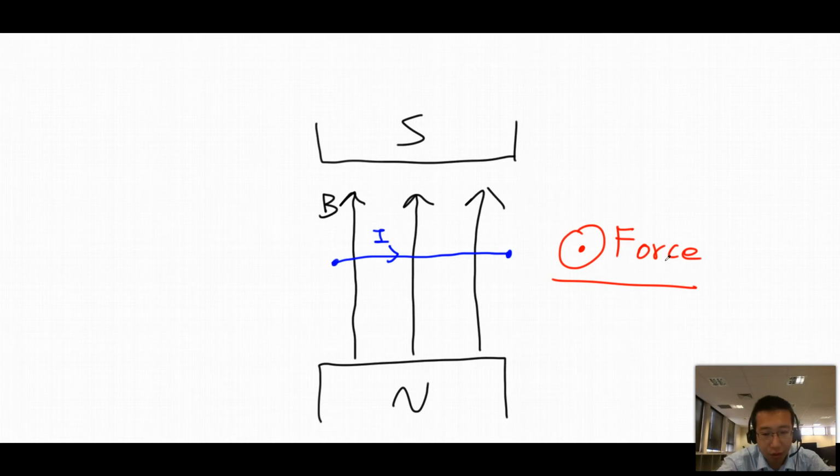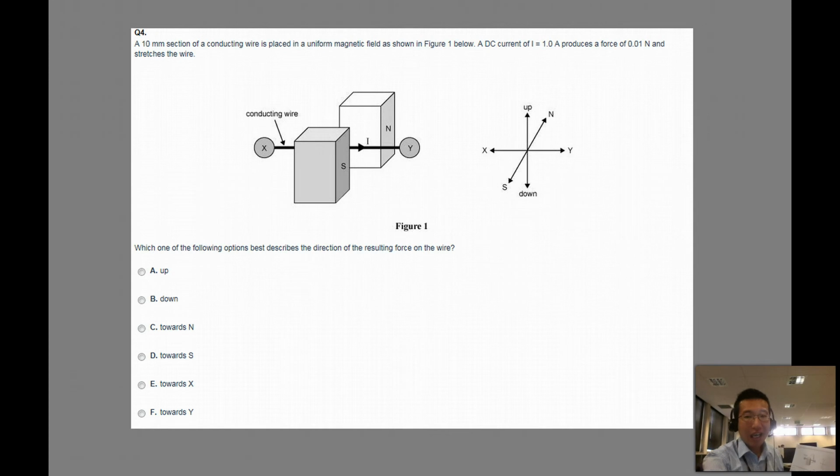Now we're going to do some more examples. Let's look at this question. I have the exact question on there. We need to find the direction of the forces. Again, we have a magnetic field from north to south, like this. Let's do this together.